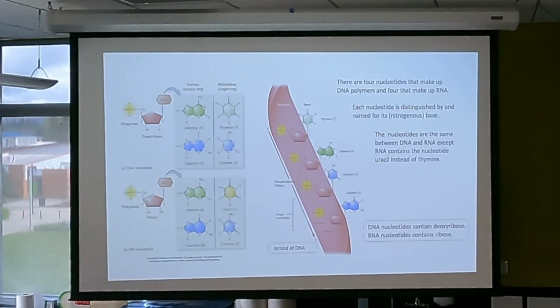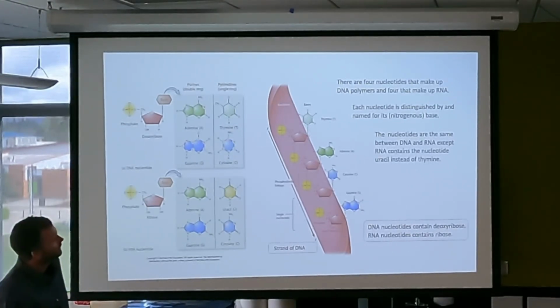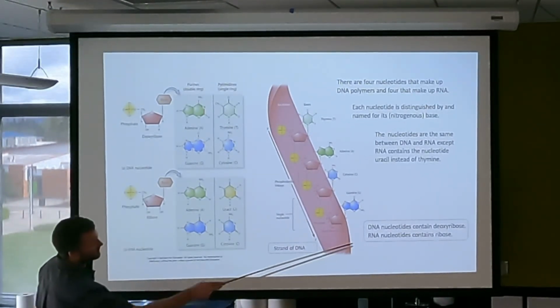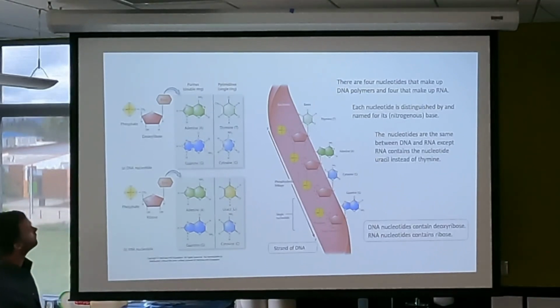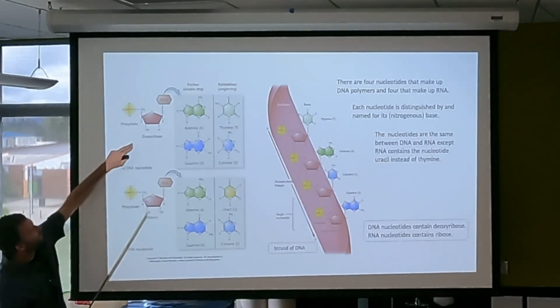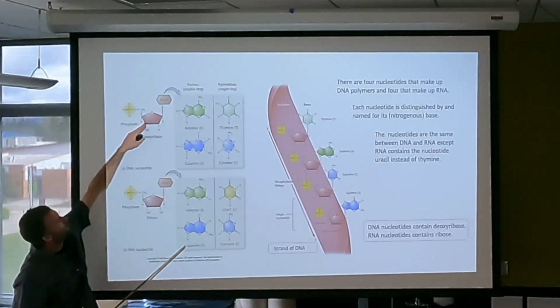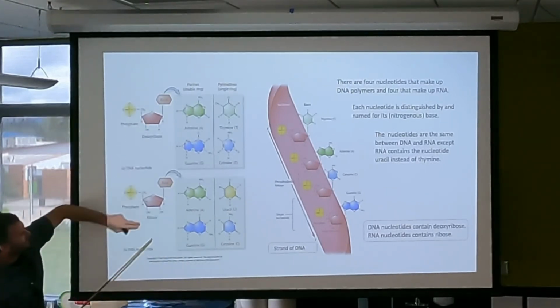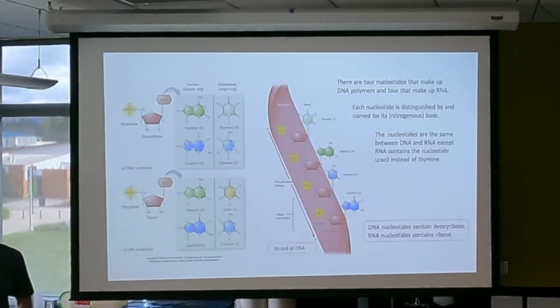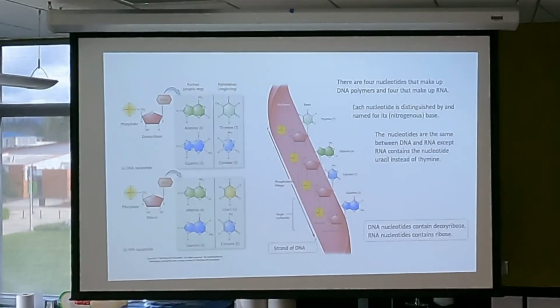One other thing that's different between DNA and RNA has to do with the ribose molecule. What's different between the ribose sugar that's found in DNA and the ribose sugar that's found in RNA? One more oxygen, yeah.